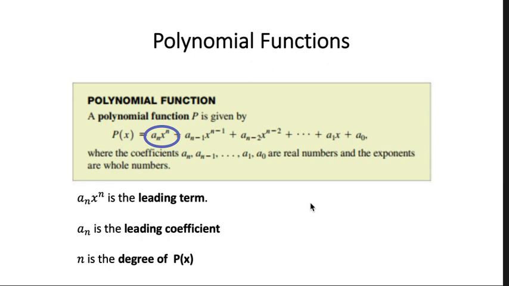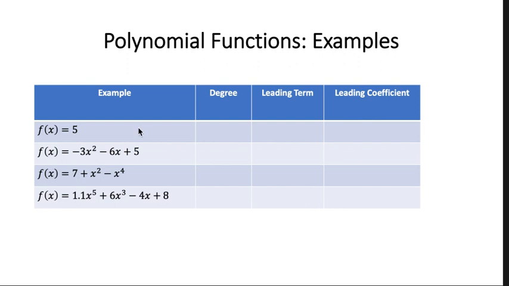Let's look at a couple of examples. In this example, f of x equals 5. If we're going to determine the degree of that polynomial, you need to think of f of x equals 5 as the same as f of x equals 5 times x to the 0, because x to the 0 would be 1.